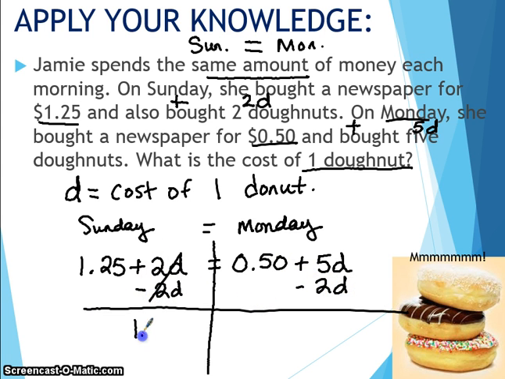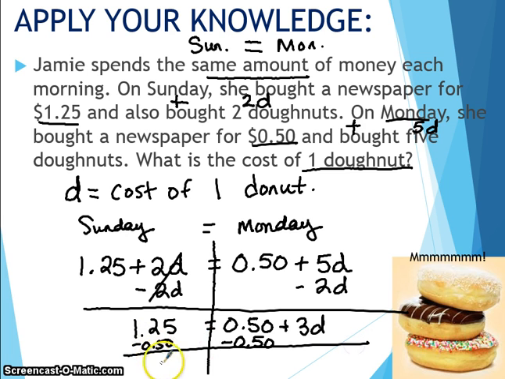I get 1.25 is equal to 0.50 plus 3D. In other words, 3 donuts plus 50 cents is the same as $1.25. Now I'm going to subtract the constant. I'm left with 75 cents is equal to 3 donuts.